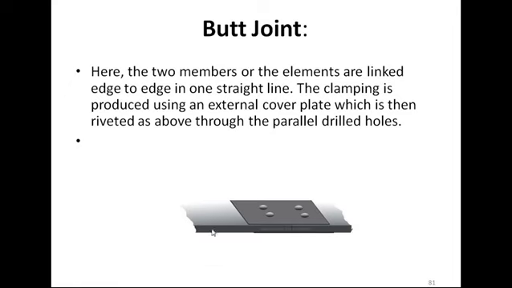Here this is a main plate and this is a cover plate. These two main plates are not over each other. Then we place the cover plate over them and rivet it so that the cover plate attaches to the main plates. So this is called a butt joint.